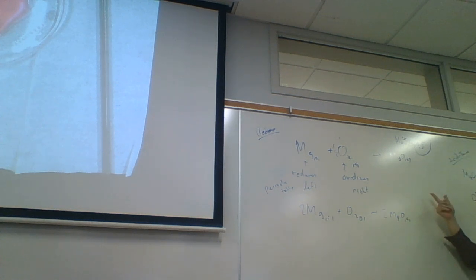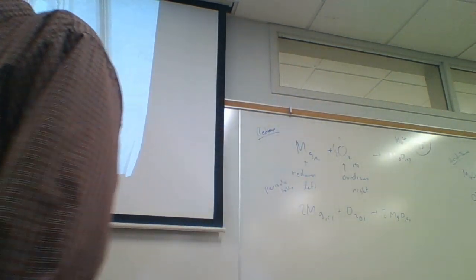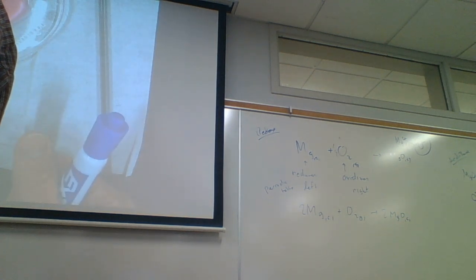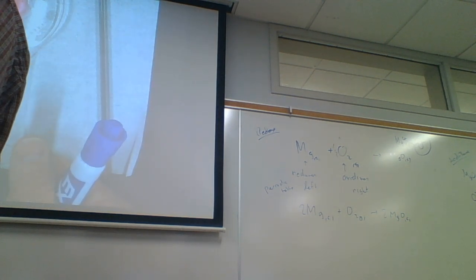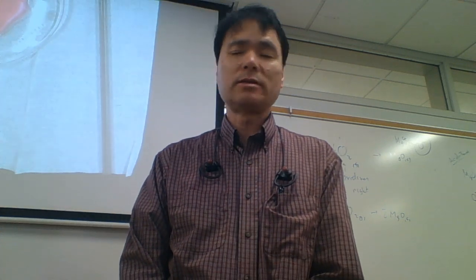But both reactions are combination reactions. So this is why I don't like the combination type, because not all combination reactions are the same. All acid-base reactions are the same, all redox reactions are the same, but not all combinations. So I don't like that categorization scheme. You could have different types of combination reactions which are totally unrelated to each other, in the sense that you have A plus B yields C.